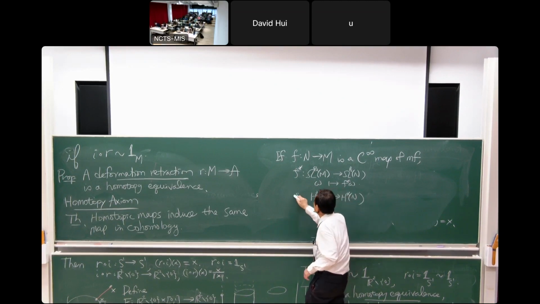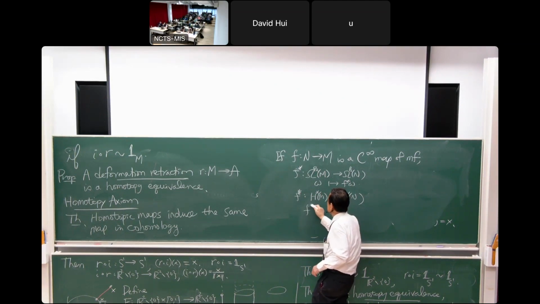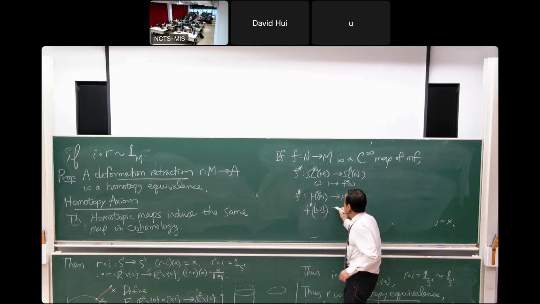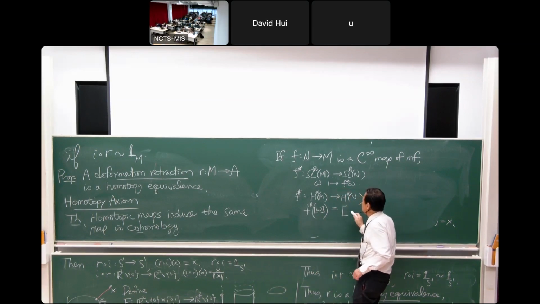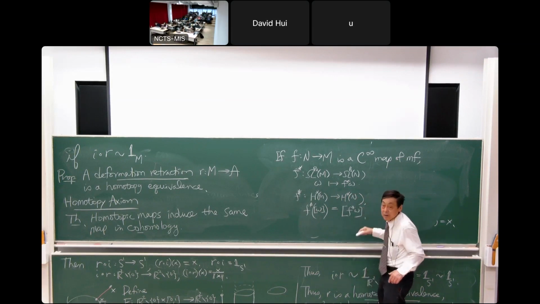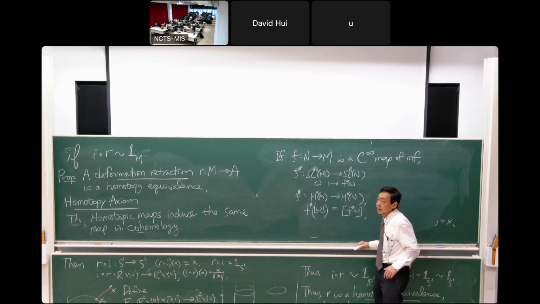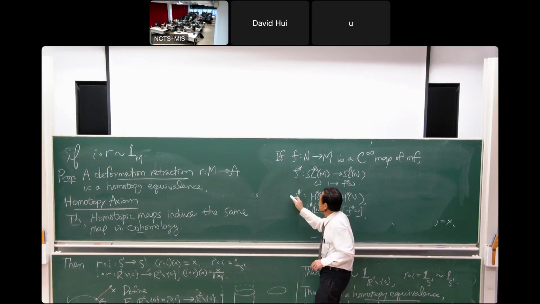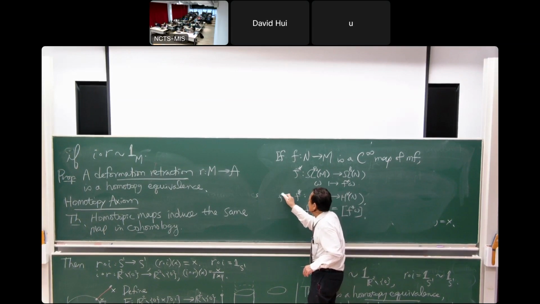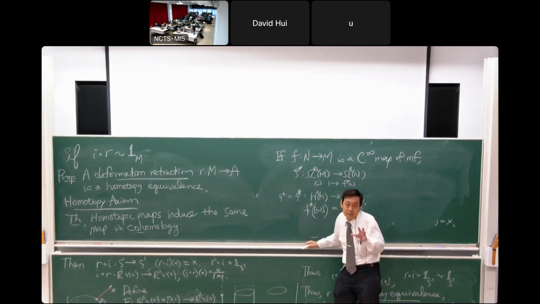Then you can define the map in cohomology by taking the cohomology class of the form to the cohomology class of the pullback. Okay? So that's how the induced map works. And we have agreed to write this also as F upper star. It's a bit confusing, but usually it's okay.